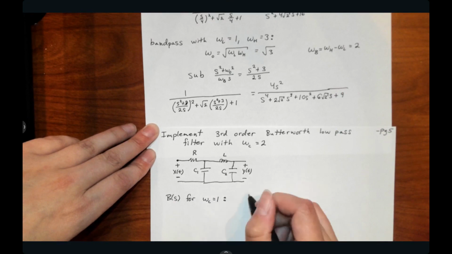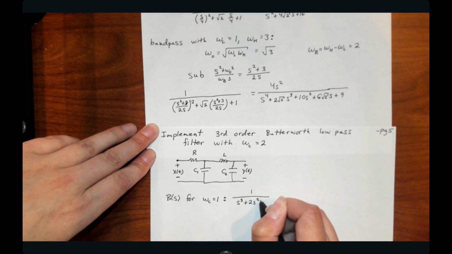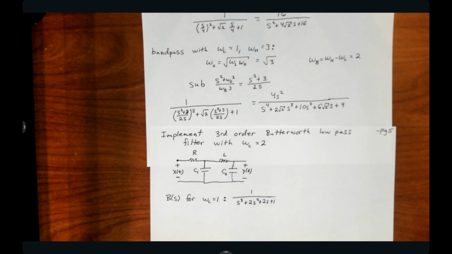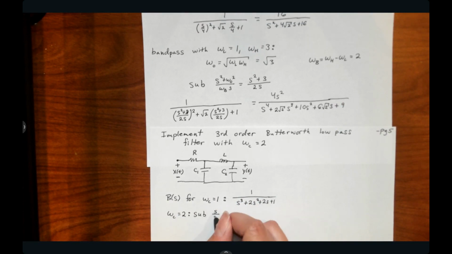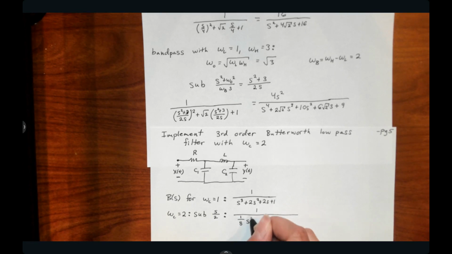Right, so for that we had s cubed plus 2s squared plus 2s plus 1, right? We already solved for that before. And so now if I want a different cutoff frequency, then we just substitute into that expression. And we're going to get 1 over 1/8 s cubed plus 1/2 s squared plus s plus 1.